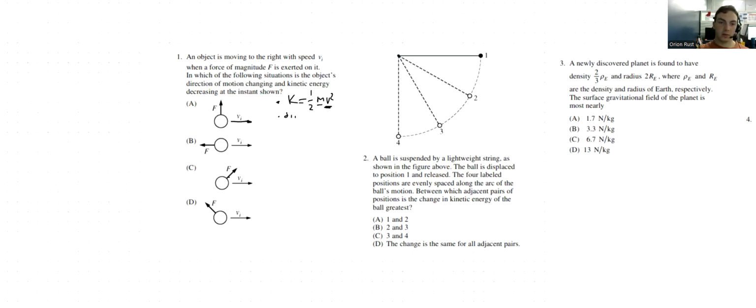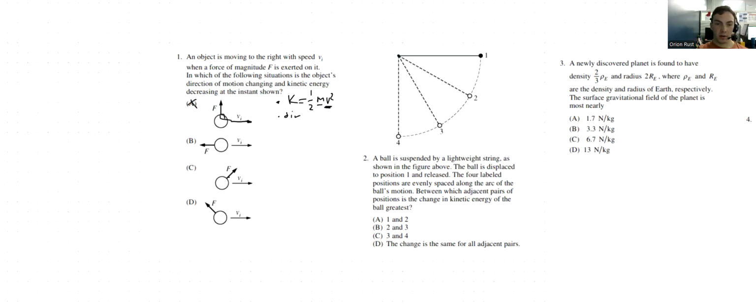So because the force is applied perpendicular, the magnitude of the velocity in option A doesn't change at all actually. The velocity is going to stay the same because it's perpendicular. We are not going to have a change in velocity.